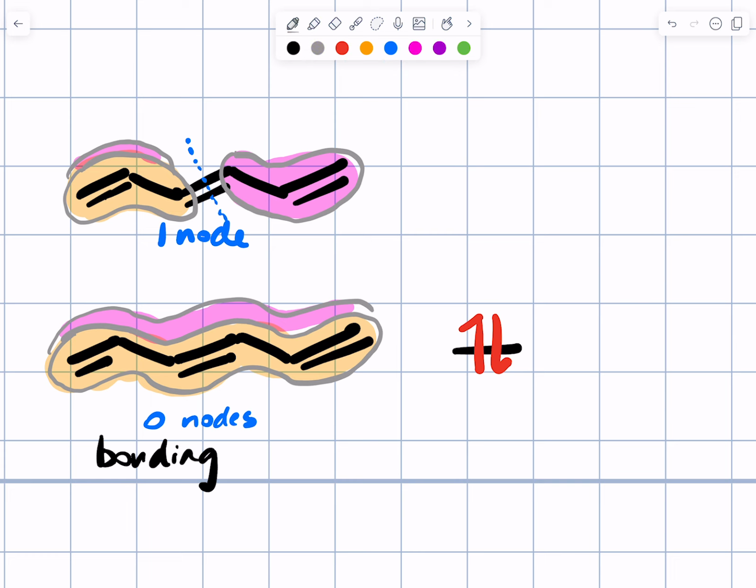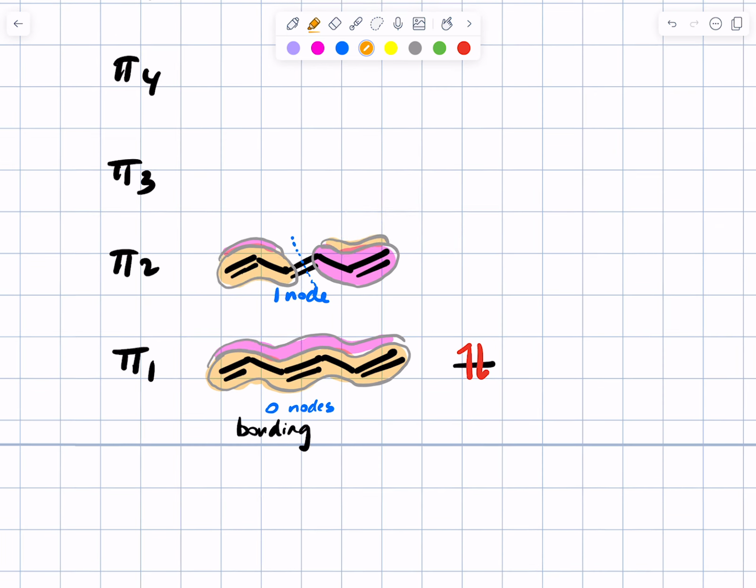Here, remember, the color simply tells you the sign of the wave function. Every time the color changes, you're going through a node. So that's the pi 2 orbital. There is one node, and there are electrons in that pi 2 orbital as well. I'll tell you how you can tell that in just a little bit.